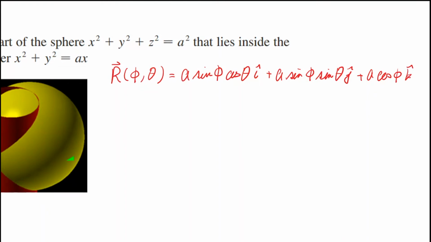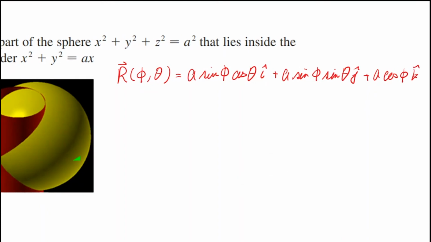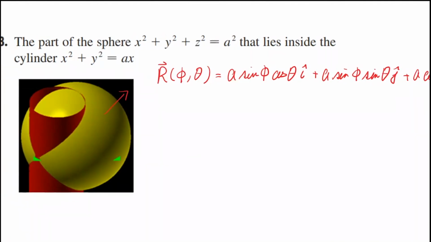How about that? Okay, and experience tells me that I have to go with phi first, although in this case it shouldn't matter. I might get the opposite. Actually, we are taking a magnitude, so it should not matter, but it's a general experience thing. If I want dS vector to point outward, it's my habit to always go with phi first.